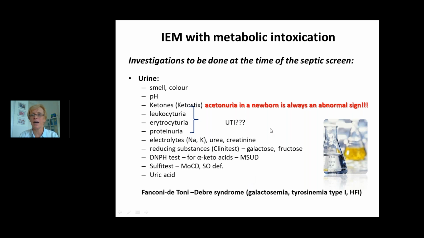But, for example, such a finding as acetonuria in the newborn, together with severe metabolic acidosis and together with the severe condition of the child, strongly suggests organic aciduria, especially if, for example, additionally the child spreads an abnormal odor around his body. There may be some other findings in the urine of this child related to the possible development of Fanconi-de Toni-Debré syndrome, which is related to the kidney damage by these improper metabolites.